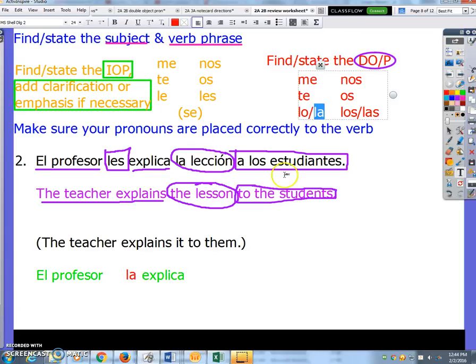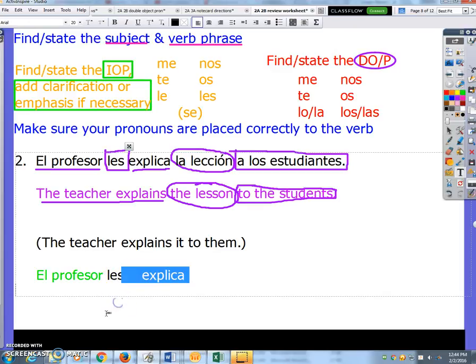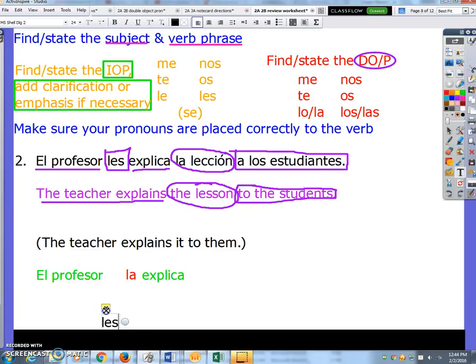And if it's being explained to the students, to them, my IOP would be lace. However, according to our notes, you can't lace la, so I'm going to get rid of lace, and instead I have to say la.